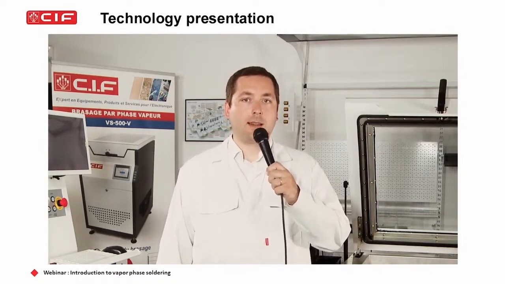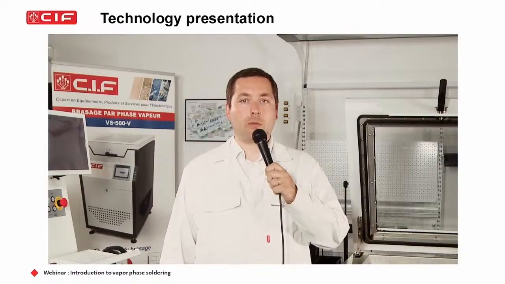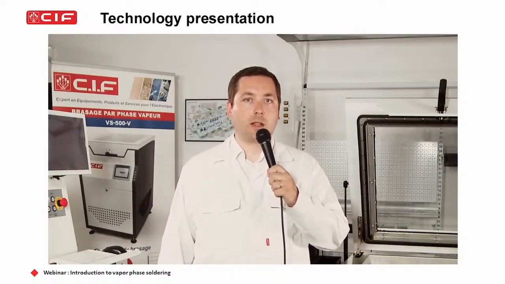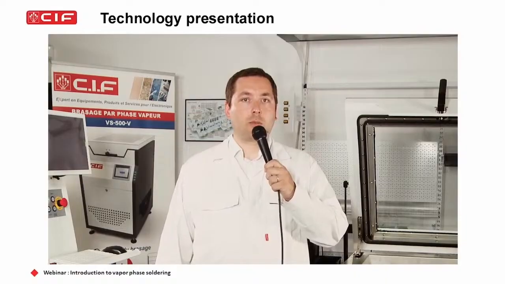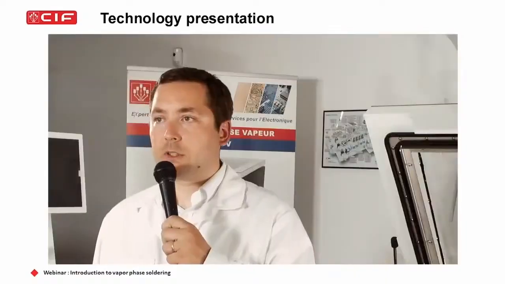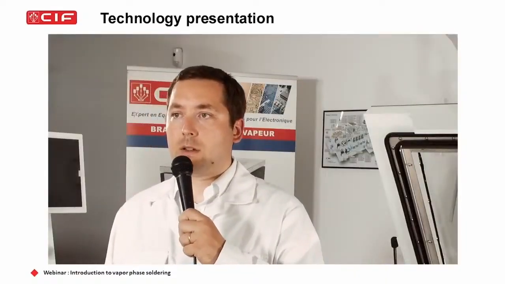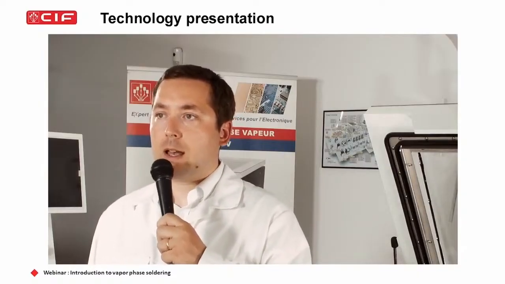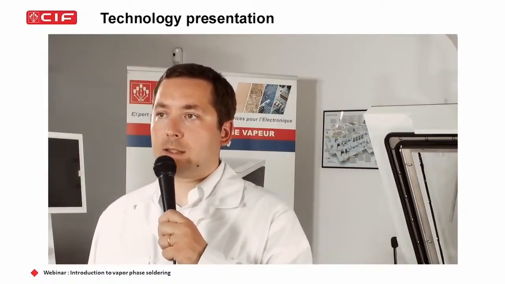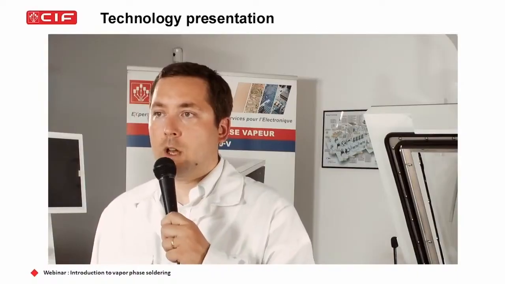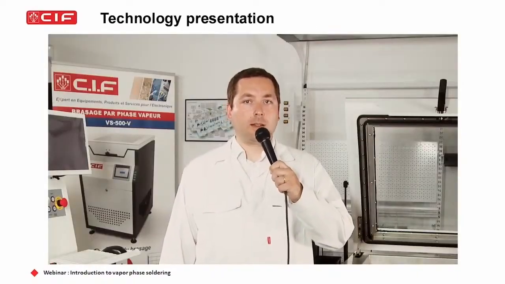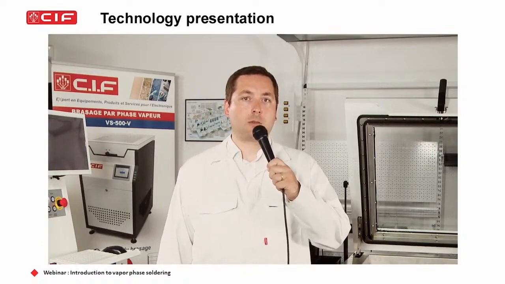So the second benefit of the vapor phase technology we can talk about is the reproducibility. The Galden, which is the medium used to generate the vapor, has this particular ability to boil at a certain level of temperature and to be very stable, and you can't exceed this temperature.